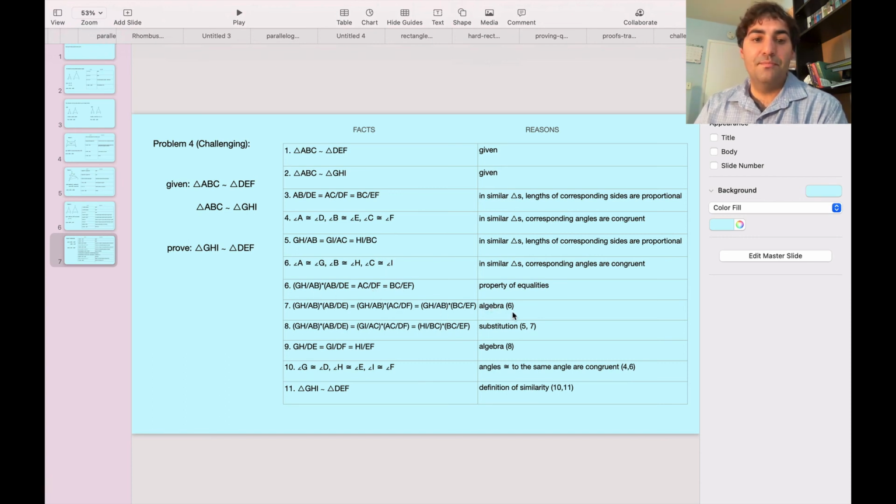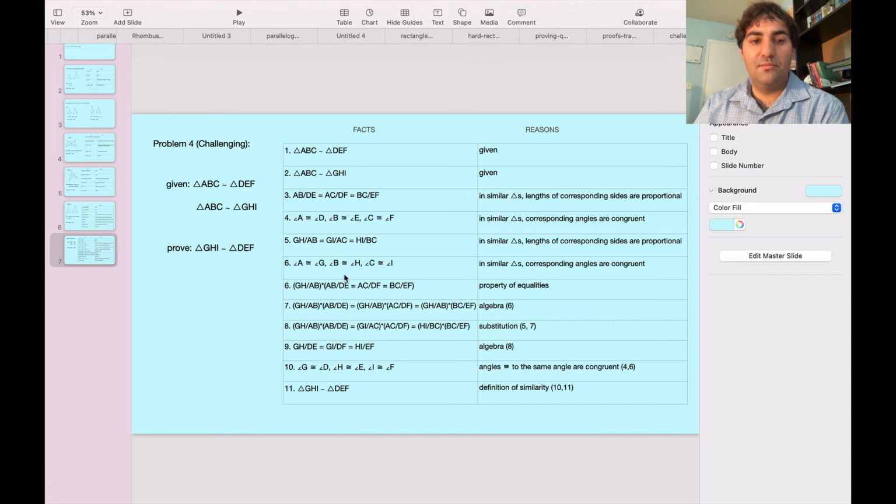That's just algebra. And then I'm going to use what I have in 5. We're given that GH over AB is equal to GI over AC. So I'm going to substitute the second GH divided by AB with GI over AC.